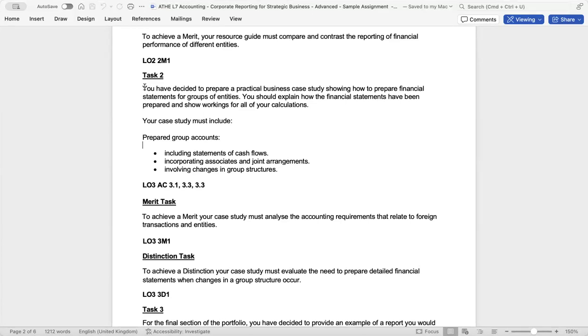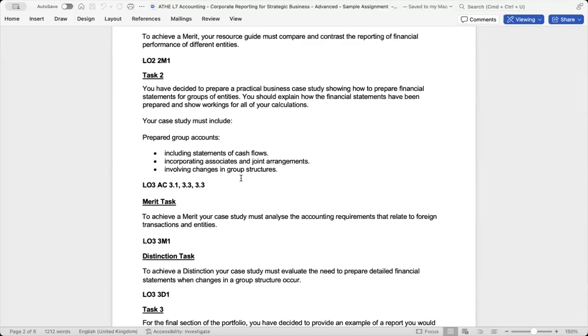So, the objective of this task is to prepare a practical business case study demonstrating how to prepare financial statements for a group of entities. The case study must include a statement of cash flows, incorporating associates and joint arrangements involving changes in group structures, the consolidated statement of financial position and comprehensive income, incorporation of associates and joint arrangements, and adjustment for changes in group structures, for example, acquisitions and disposals.